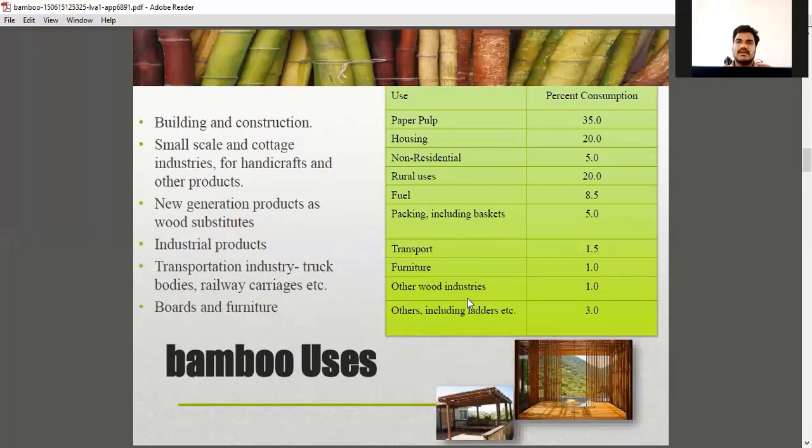So bamboo is used in building and as a construction material. That's why we are talking about it in the green building concept. Bamboo is used in small scale and cottage industries, and for handicrafts and other products.